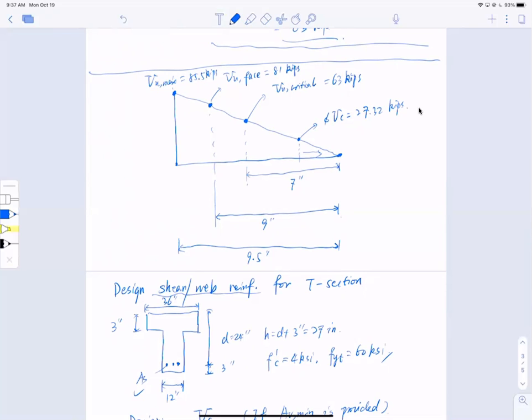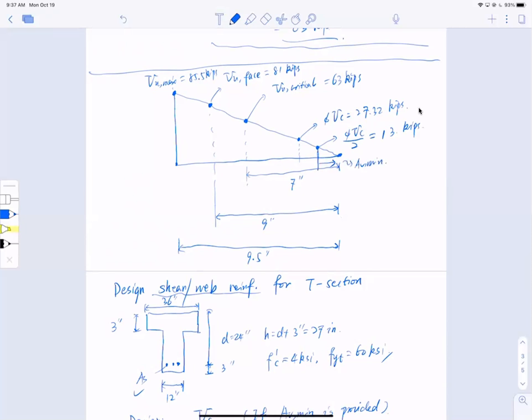If I take half of phi Vc, which is about 13 kips, then from this line forward I don't have to do anything at all. I just need to provide minimum reinforcement.